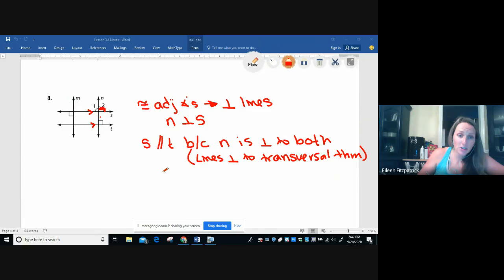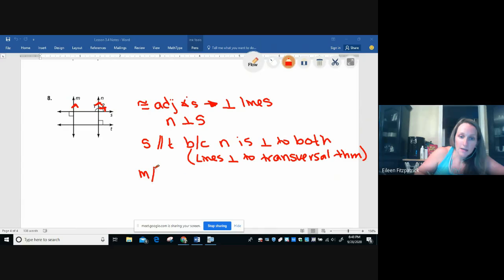All right, and then we actually have one more thing to say. Now, let me just kind of erase some of this stuff. Put that right angle box back here. Because S, see how S is perpendicular to N and S is also perpendicular to M. So that would mean that M and N have to be parallel to each other.